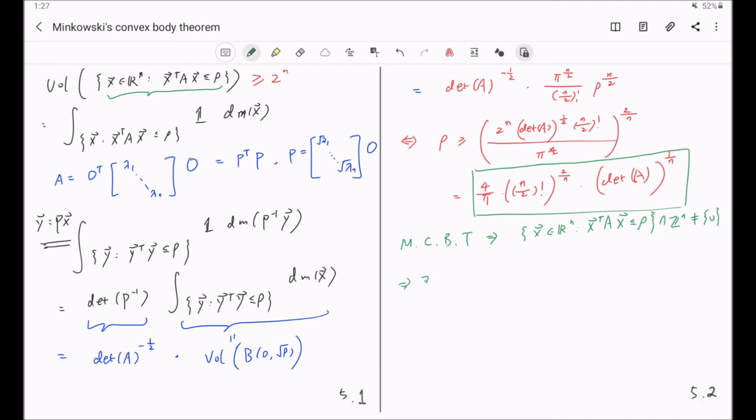So there exists x in Z^n minus 0 such that x^T A x is less than or equal to this minimum choice of rho, which is c_n times the determinant of A raised to the power 1 over n, where c_n is this part.